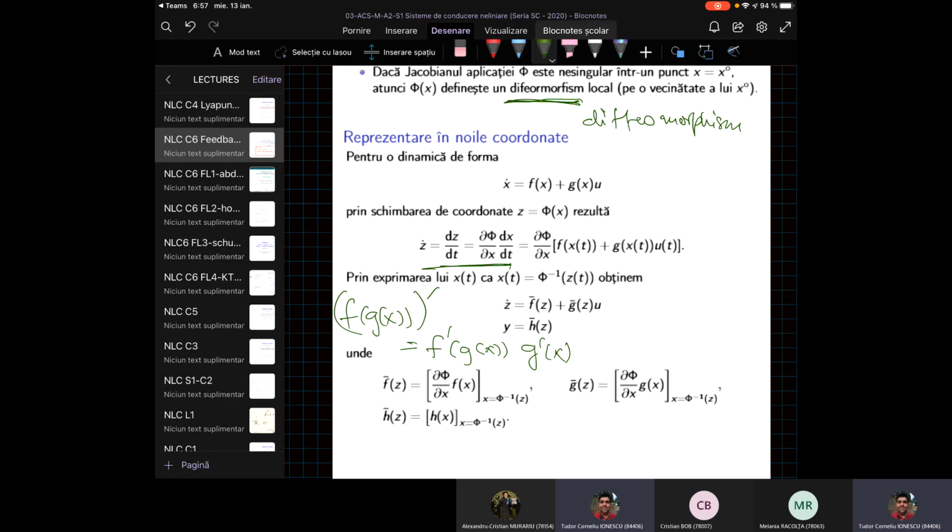And then you substitute dx dt. Dx dt is this equation here. So finally, you get this. This is how to apply a coordinate transformation. Z dot is this one. Because you need to express everything in z, since this is all in x. You substitute x with phi inverse.